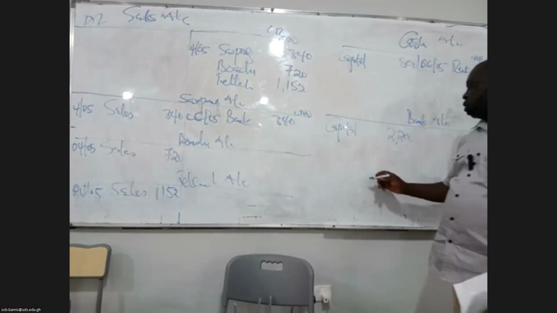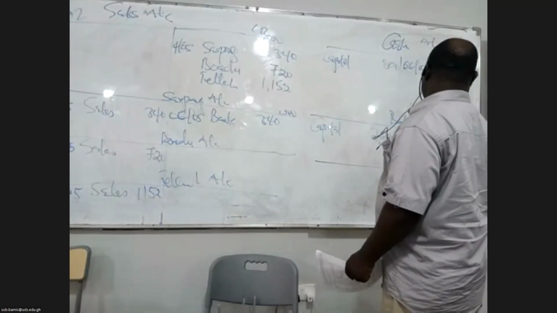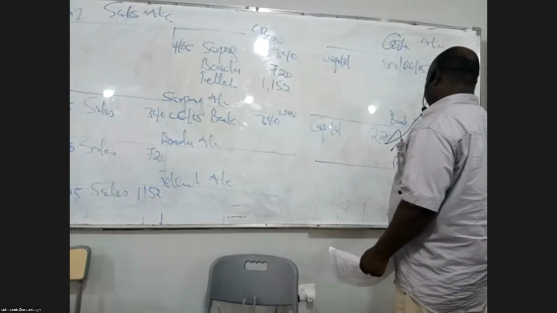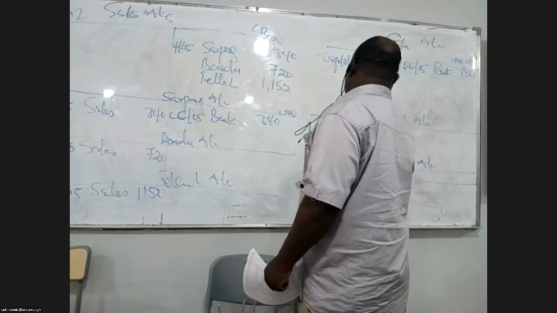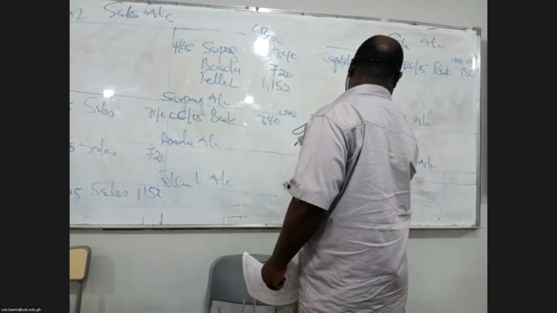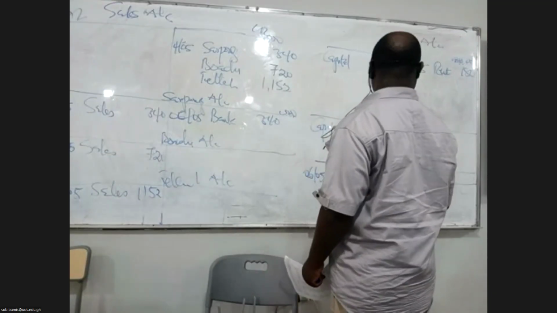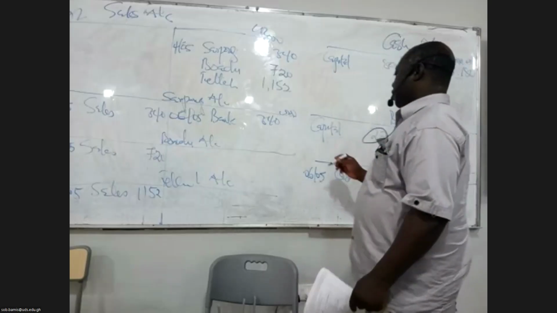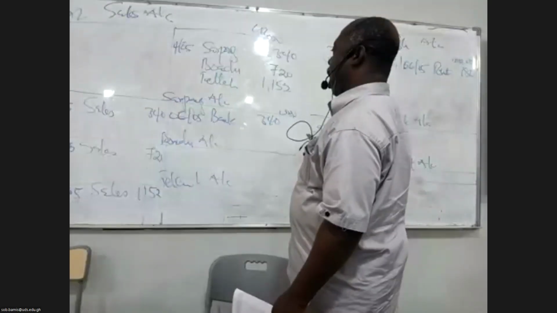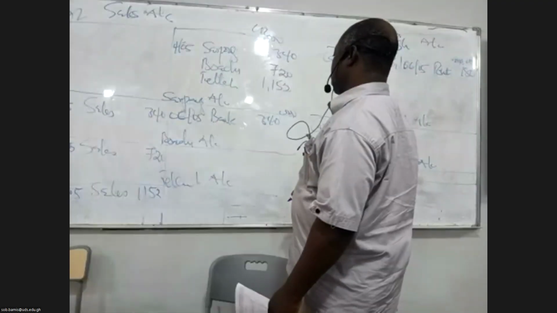So the rent account on the 6th of May, we have cash. How much? 180.